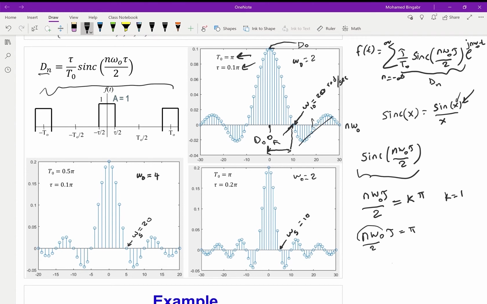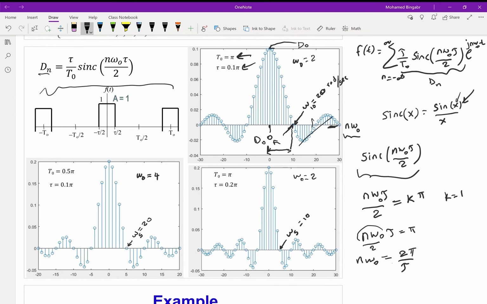Those are the harmonics, because remember this axis here is n omega 0. It's the frequency, but it's not continuous frequency, it's discrete frequency. It has only omega 0, 2 omega 0, 3 omega 0, and so forth, where omega 0 is the fundamental frequency. So let's solve for n omega 0. Then n omega 0 will be 2 pi over tau.